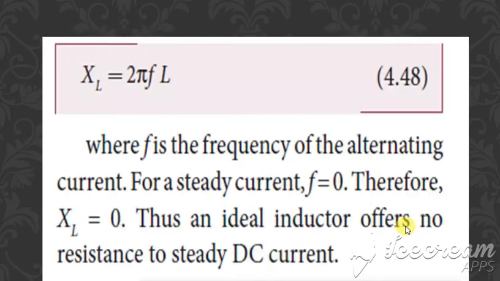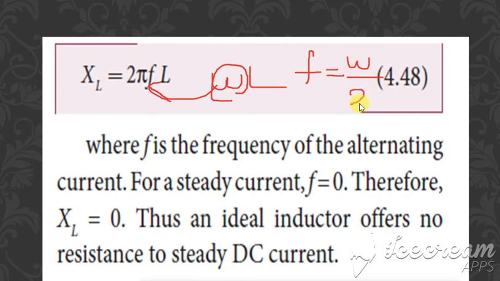Clear? So XL is equal to what? Omega into L, we just saw the formula. Instead of omega, we can write 2 pi f, because f is equal to omega by 2 pi. This is the basic formula: frequency f is equal to omega by 2 pi.